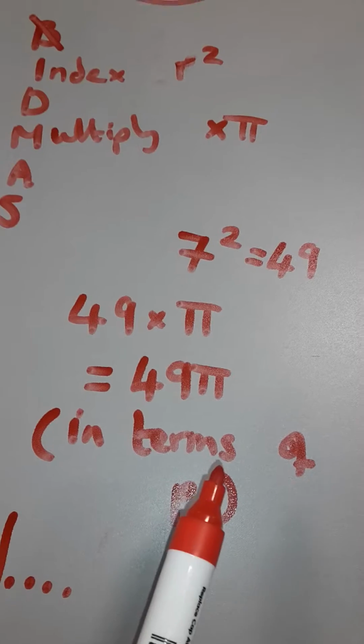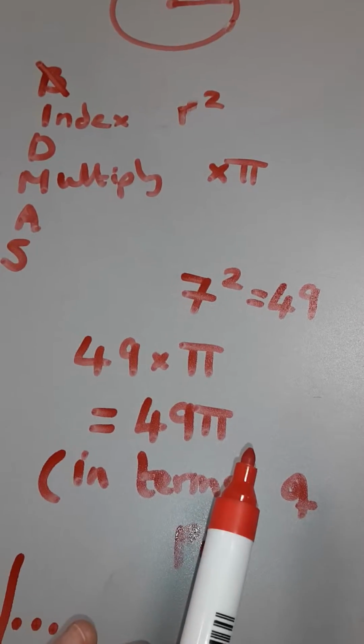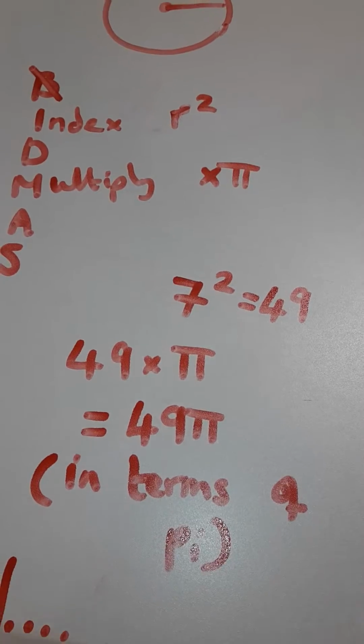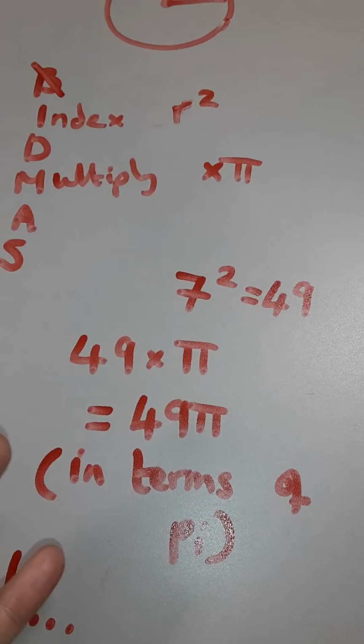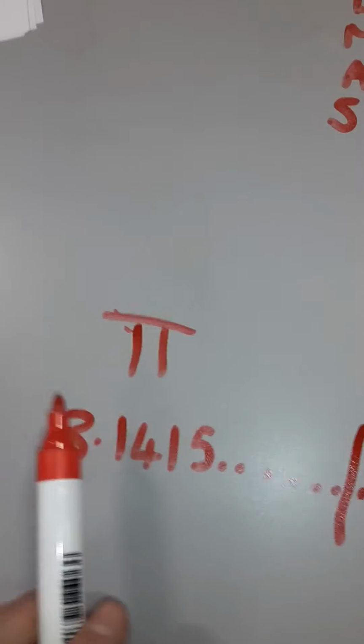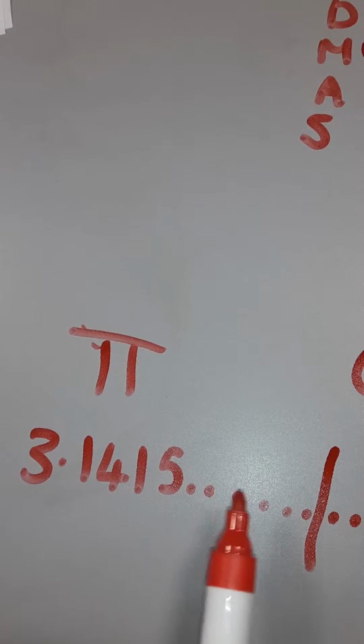Writing something in terms of pi uses the symbol of pi rather than 3.14. So this number here signifies the whole of pi as a number in its infinite size, compared to what we would have got if we'd used pi as 3.1415 and so on.